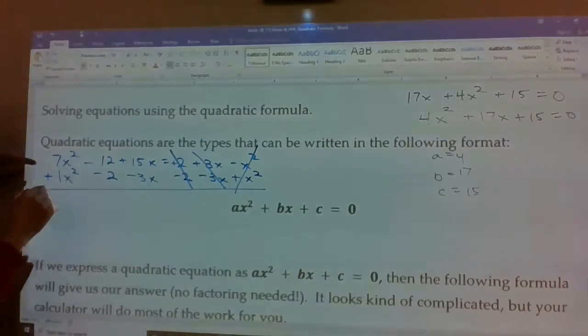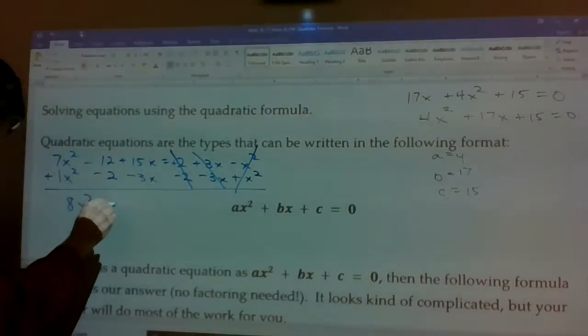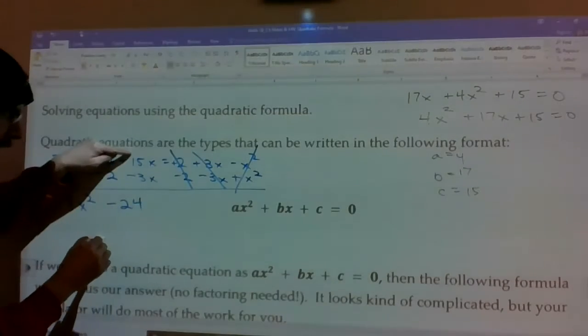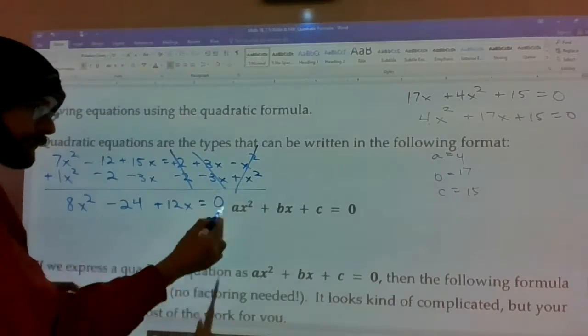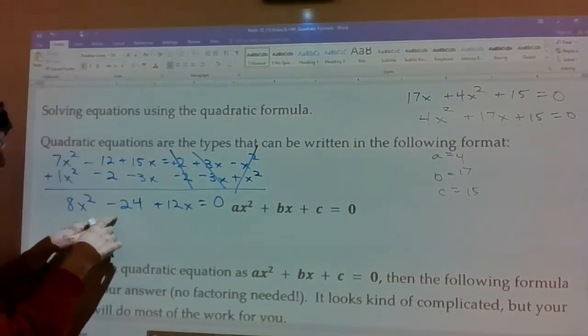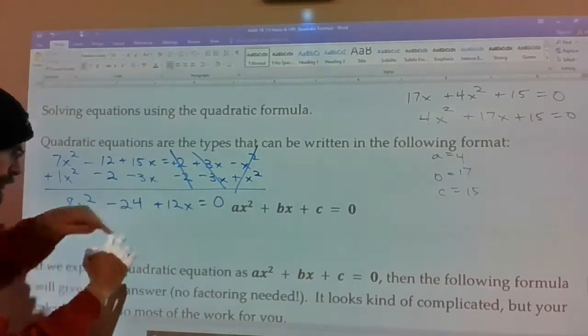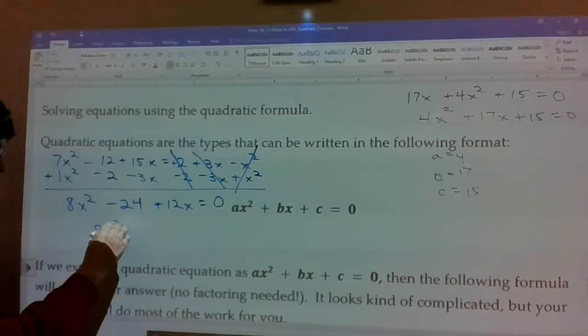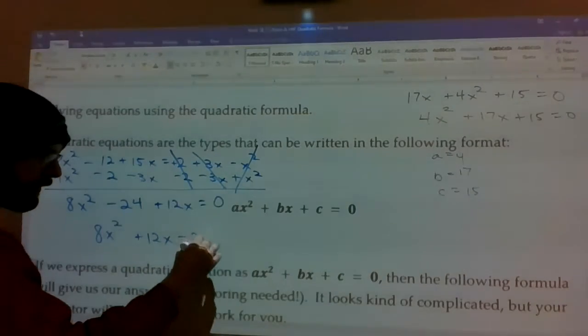So now I've got 8x squared. Negative 12 minus 2 would be minus 14. And then positive 15 minus 3 would be positive 12x. You got equals 0. It doesn't look, though, like ax squared plus bx plus c. We would have to rearrange these two terms. Positive 12x here, negative 14 there.